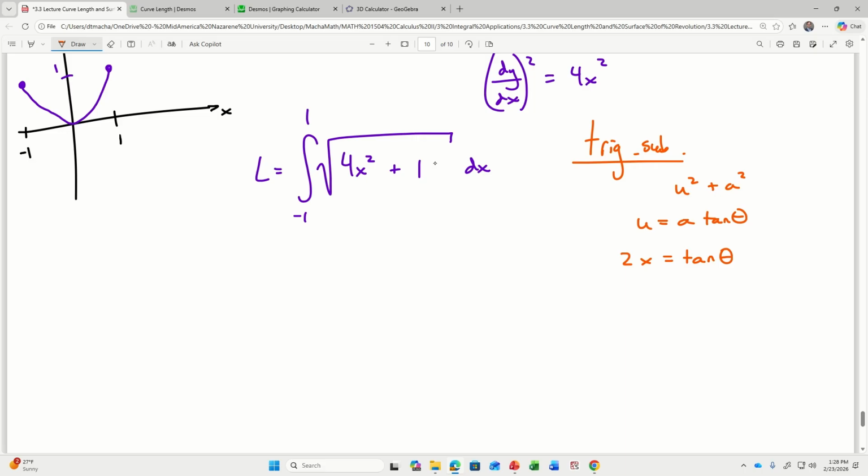And then I draw myself a triangle for the trig sub, and here's theta. Tangent is the ratio of opposite to adjacent, and that makes my hypotenuse the square root of 4x squared plus 1. So I'm thinking about the trig function that would give me my integrand, square root of 4x squared plus 1, and that would be the ratio of hypotenuse over adjacent, which is secant.